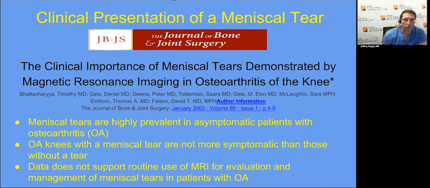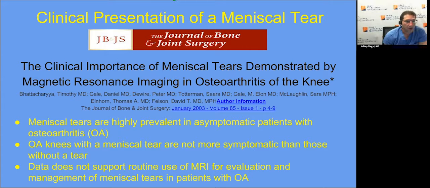So this first article is from Journal of Bone and Joint Surgery, JBJS. It was published in 2003, and it was evaluating whether there's value of working up patients who have osteoarthritis on X-ray, whether there's a role of getting MRI to assess for meniscal tears.